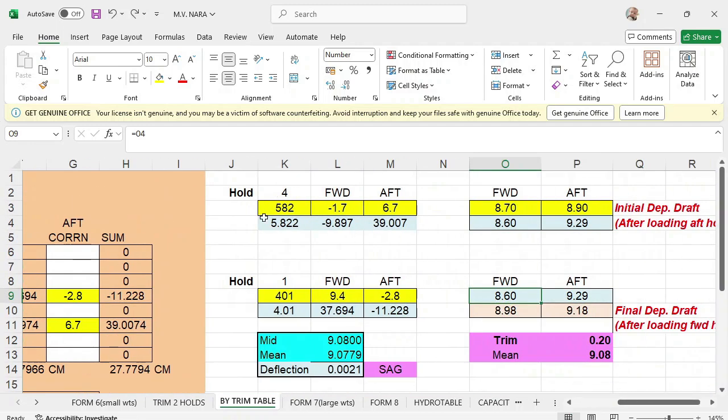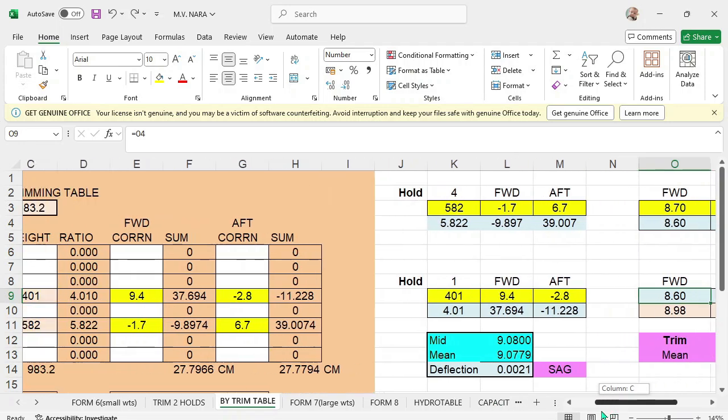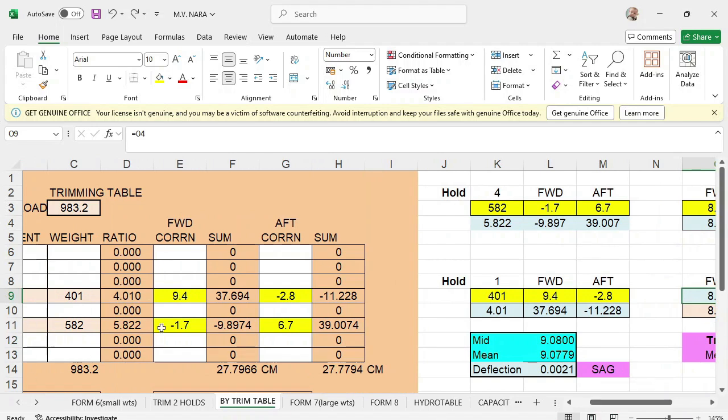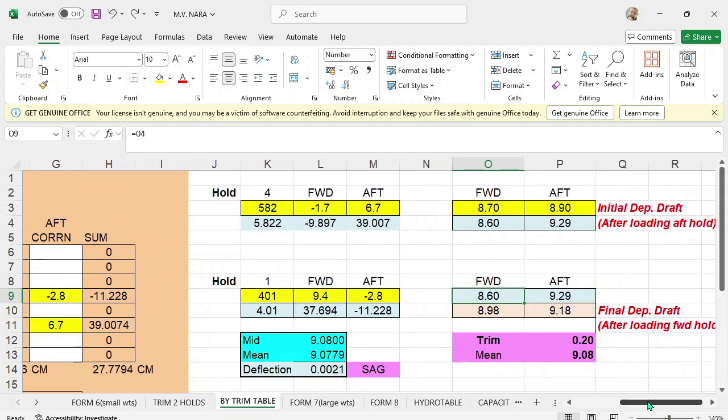So once you load in hold number 4, because you want a trim, you load 582, which is this one, and you have correction forward of negative 17, up correction of 6.7. Once you've completed loading number 4 of 582, your drop forward would be 8.60, up drop would be 9.29.